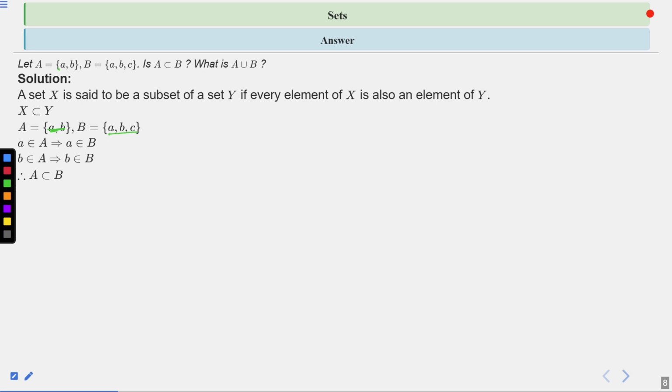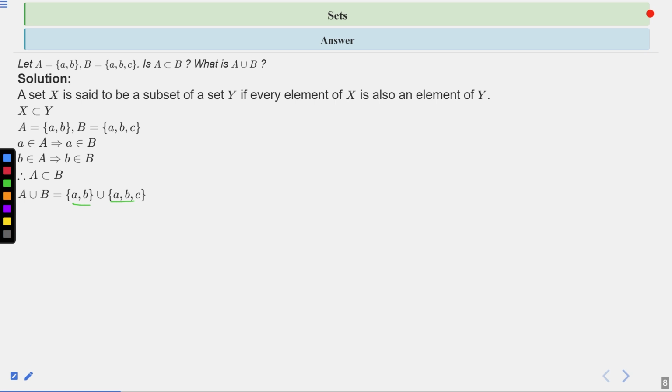Now what about the union? Very simple. You have to collect all the elements from both the sets. So if you collect, you will have a, b, b, c. And you know that you do not write an element more than once. Clear?